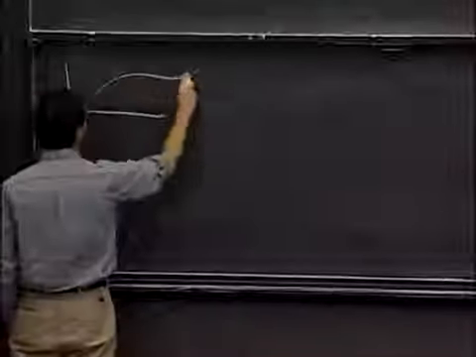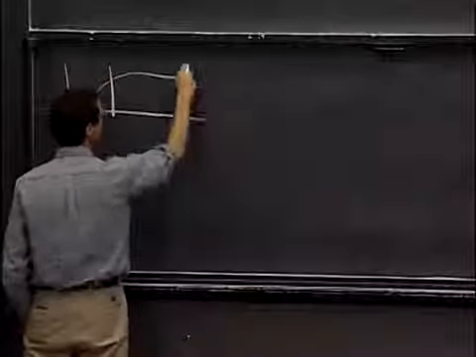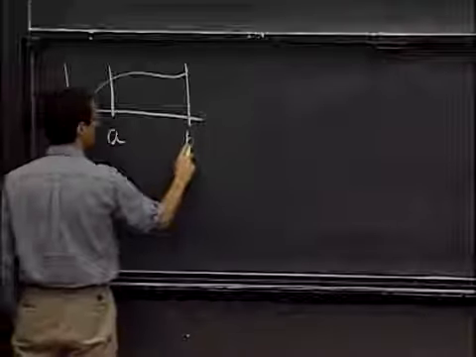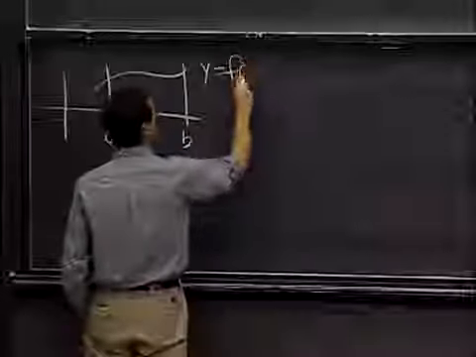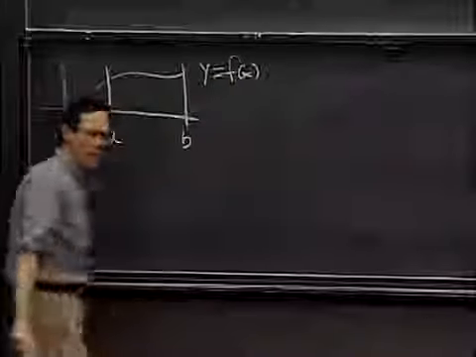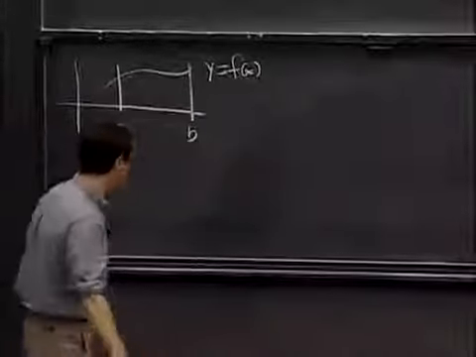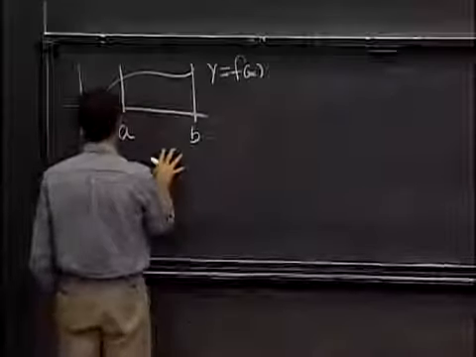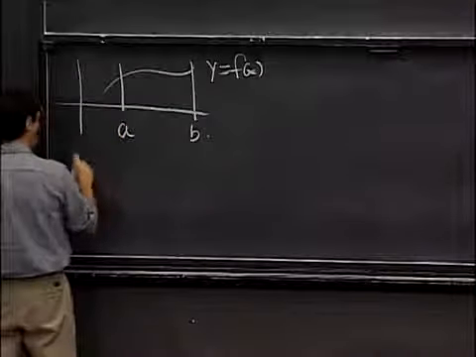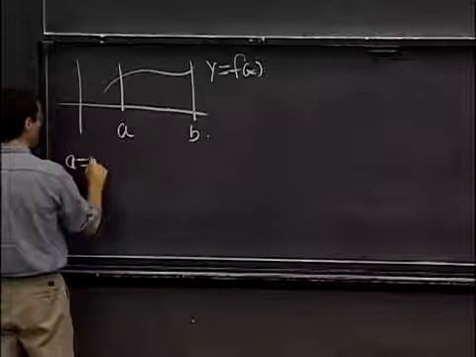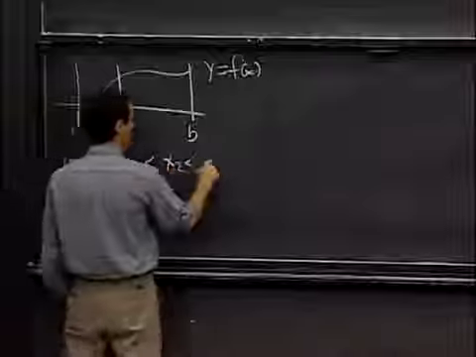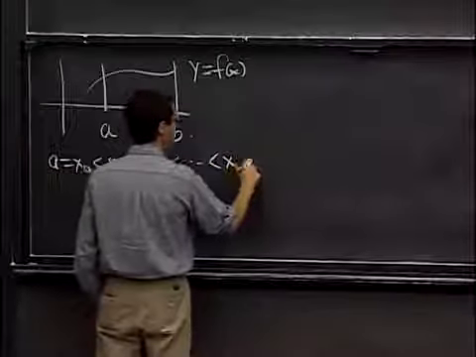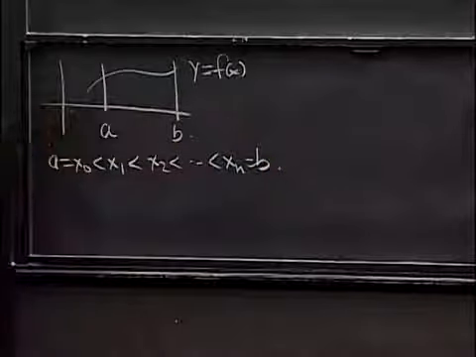In general, if you have a function and you want to interpret the integral, our first interpretation was that it's something like the area under the curve. But average value is another reasonable interpretation. Namely, if you take equally spaced points here, starting with x0, x1, x2, all the way up to xn, which is the right point b.